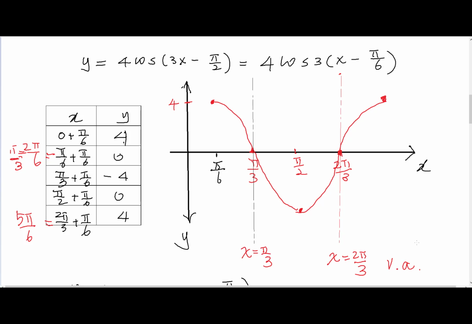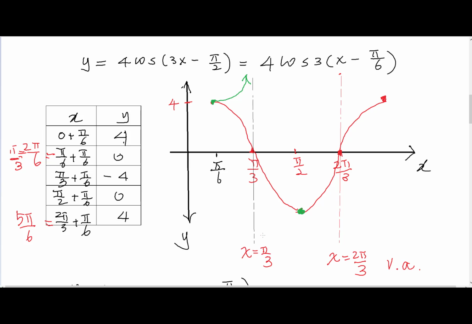Now when the cosine value, 4 cosine 3x minus pi over 2, is 4, secant will have the value 4 as well. So this will be a shared point. And the graph of secant is an inverted graph of this one with the vertical asymptote. Now this is a shared point, pi over 2 and negative 4.